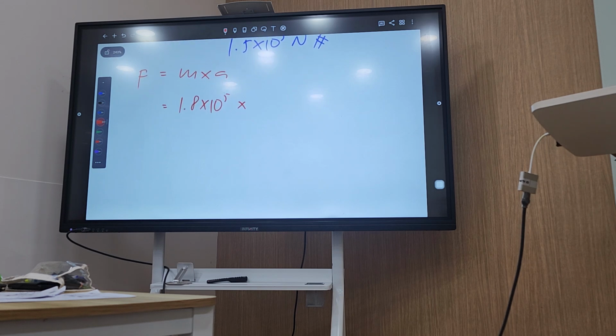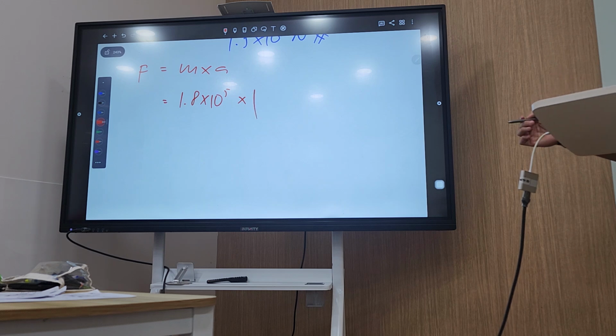Calculate it. What's your initial speed and what's your final speed? Final speed is what? You decelerate to stop, right?